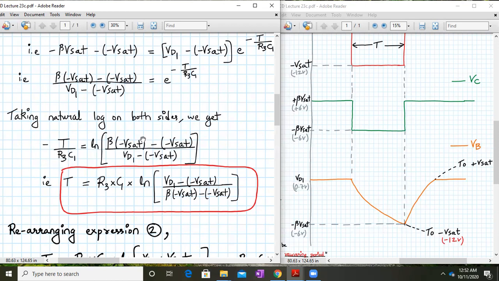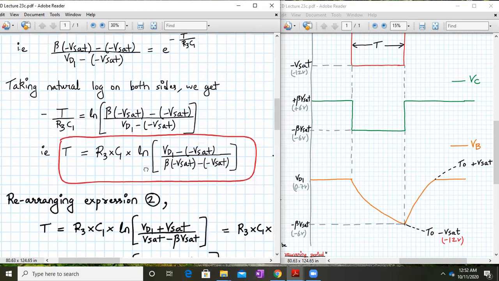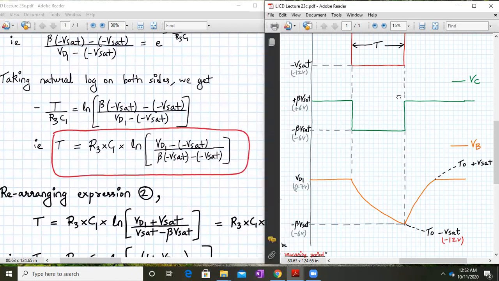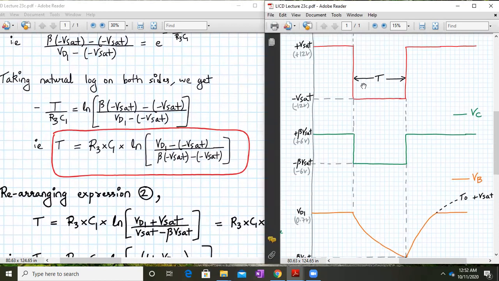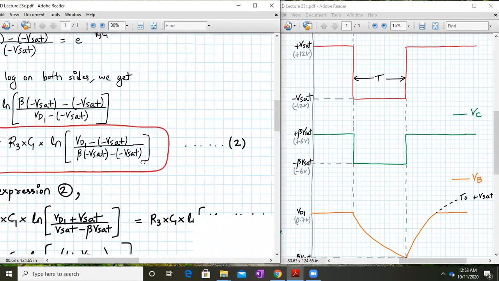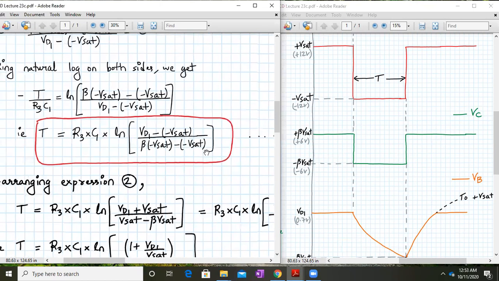So the expression of T over here we are getting it as, so this is the time period T. So output pulse width T is given by R3C1 into natural log of Vd1 minus of minus Vsat divided by beta into minus Vsat minus of minus Vsat. Okay, so this is our expression number 2 which we are getting over here.